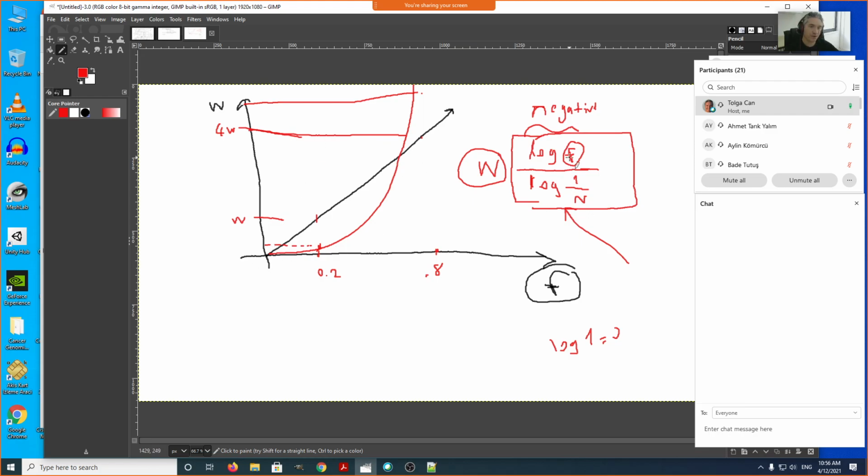But there's a problem with this. When the frequency is 1, if an amino acid occurs exactly 100% in that column, the logarithm of 1 is 0. So whatever ratio you're taking, you're not going to get a negative number.